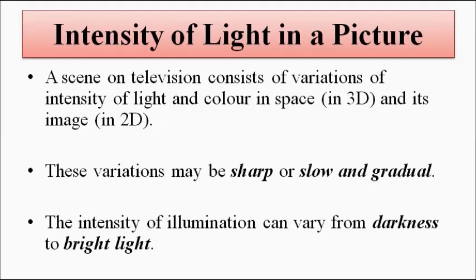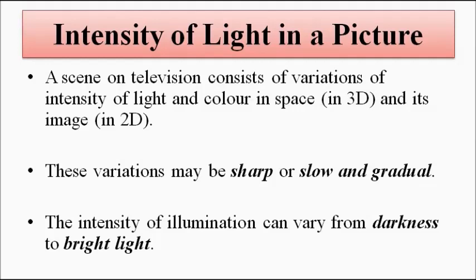Basically we see a two-dimensional representation of a three-dimensional thing. We see it in 2D. Now there are various methods and technologies that have been adopted to give us a very good approximation of what a 3D experience is like, but essentially it is a two-dimensional representation because we are seeing it on a flat screen.